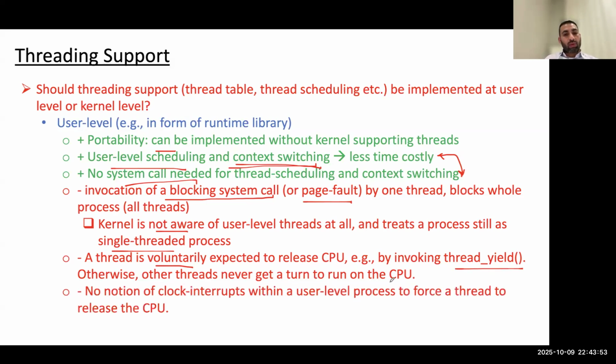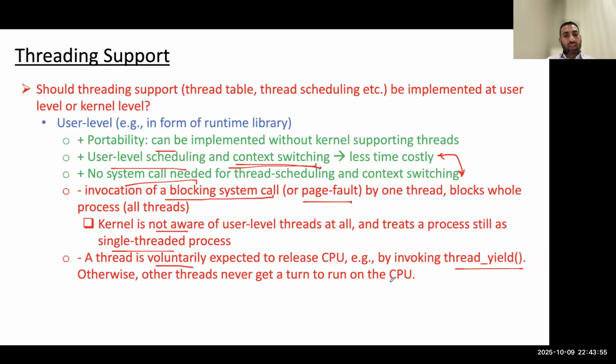Remember we said that if a process is occupying a core for an unusually long time, for example if it is stuck in a loop, then the kernel can intervene and forcefully kick that process out of the core. How can the kernel do this? Because the kernel sees a process as a single-threaded process, so it can keep track of that process.